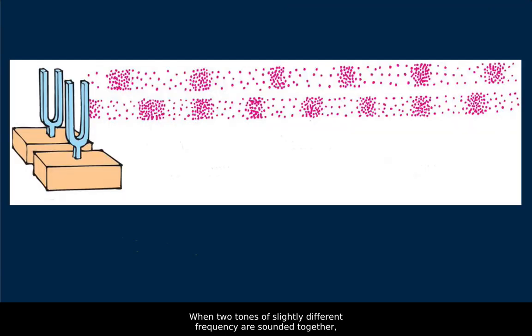When two tones of slightly different frequency are sounded together, a fluctuation in the loudness of the sound is heard. This periodic variation in the loudness of sound is called beats and is due to interference. The sound from two slightly mismatched tuning forks is momentarily in step, then out of step, then in again, and so on.